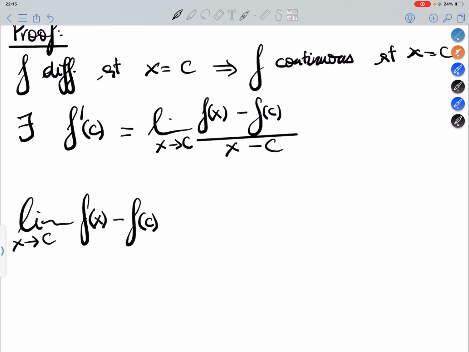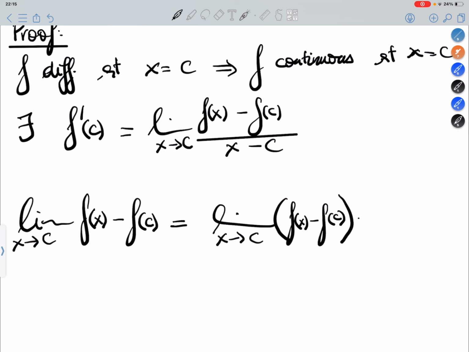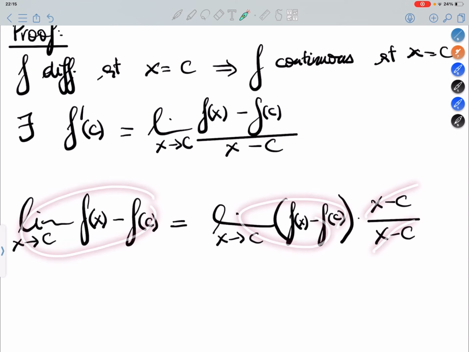This can be written as the limit as x tends to c of f of x minus f of c, then we multiply by x minus c over x minus c.